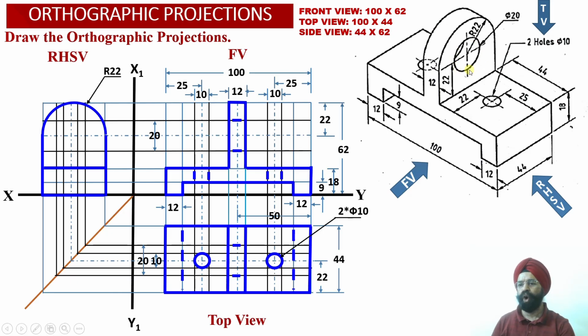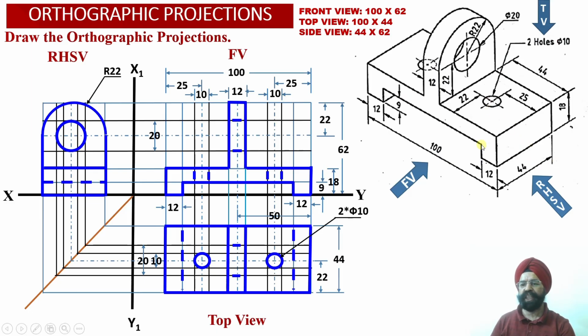Similarly, since this hole is also parallel to the profile plane, the true shape projection corresponding to this hole having diameter equal to 20 millimeter will be visible to the observer as a true shape projection into the right hand side view projections. And this surface corresponding to the rectangular slot, this top surface, is not visible to the observer from the right hand side view orientation.